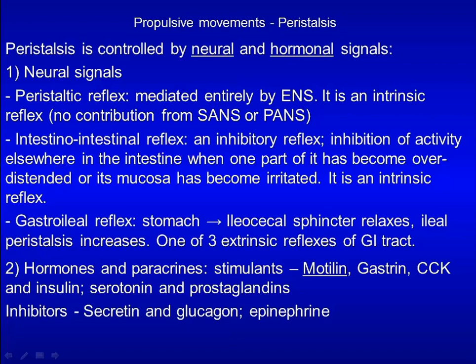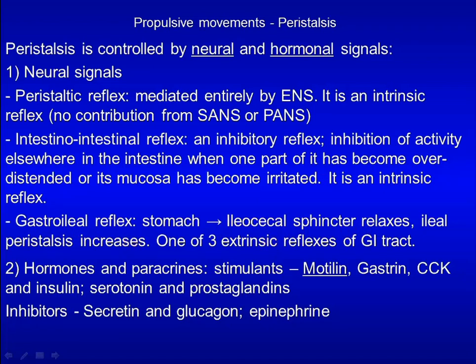It is an inhibitory reflex, inhibition of activity elsewhere, where one part of it has become overdistended or as mucosa is irritated. It is also an intrinsic reflex. Third is gastroileal reflex. Stimuli from stomach are transmitted through prevertebral ganglia and back to ileum to relax ileocecal sphincter and increase ileal peristalsis.